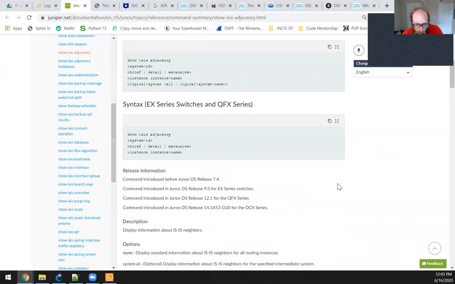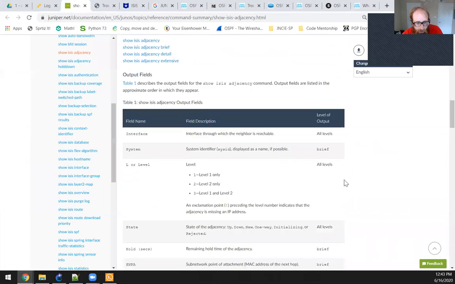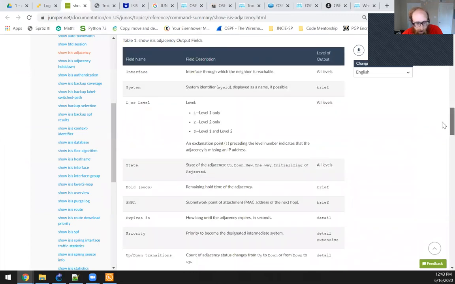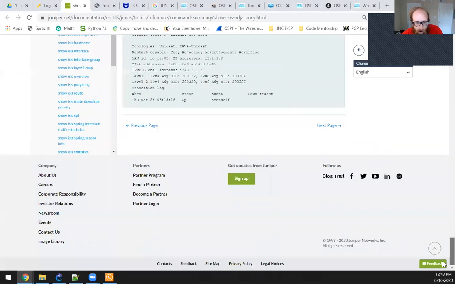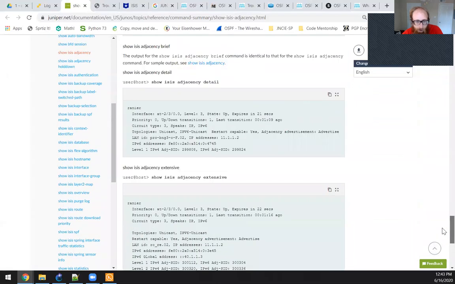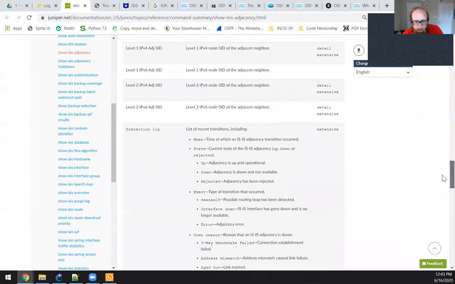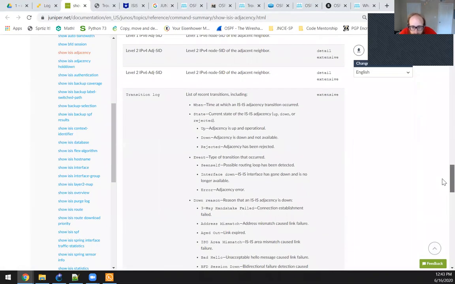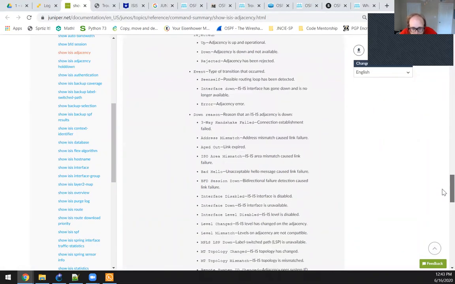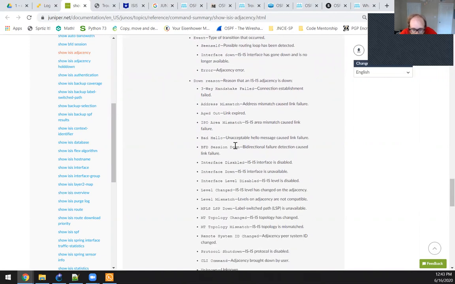All right, so now we've got the adjacency. Here we go.